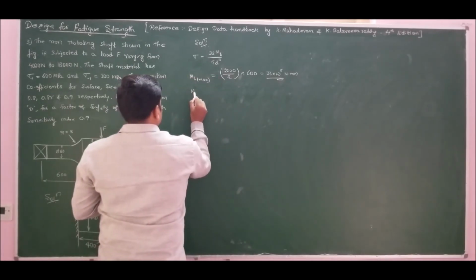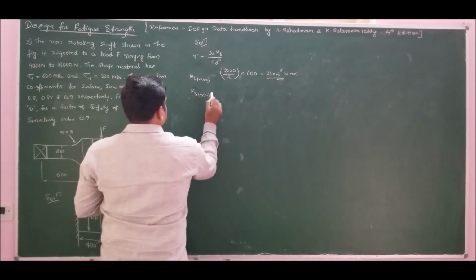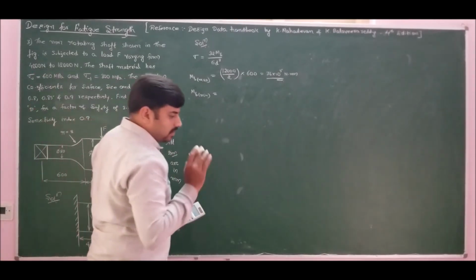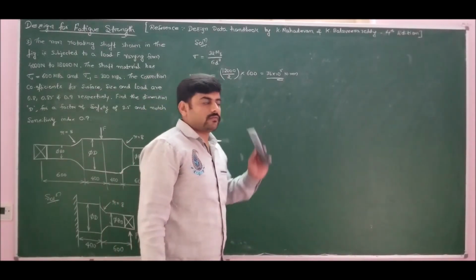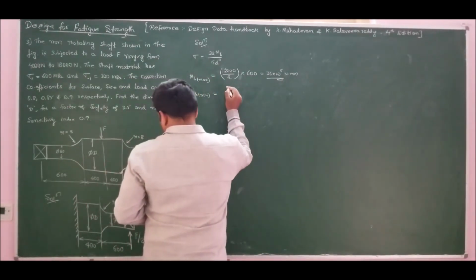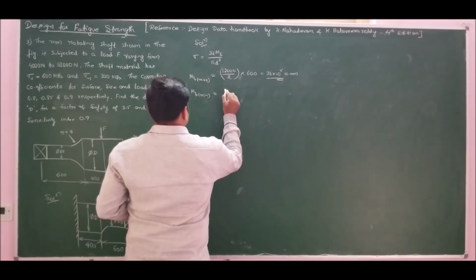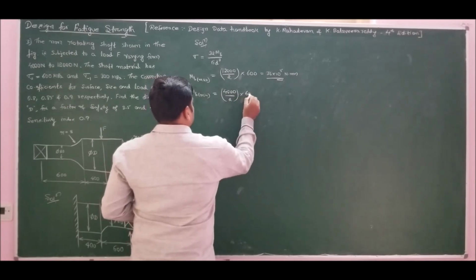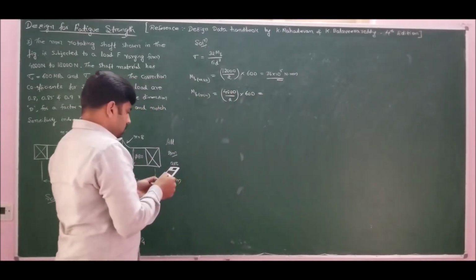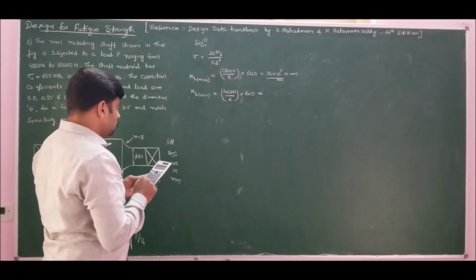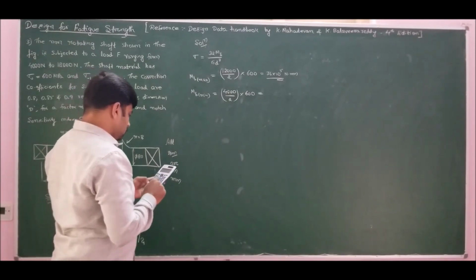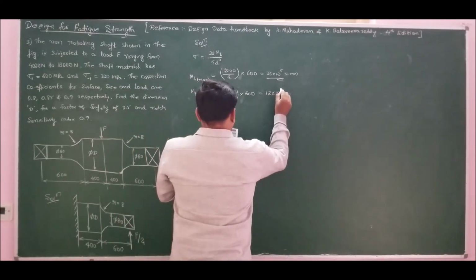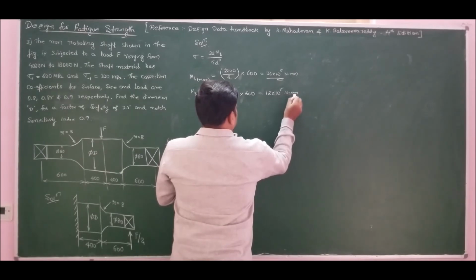Similarly, for the minimum bending moment, since it is a cantilever beam, the formula is Fl, from page number 15, table 1.4 of our design data handbook. Minimum load is 4000, actual load is F by 2, distance from failure point is 600. So I get 4000 into 600 divided by 2, which is equal to 12 into 10 to the power of 5 Newton millimeters.